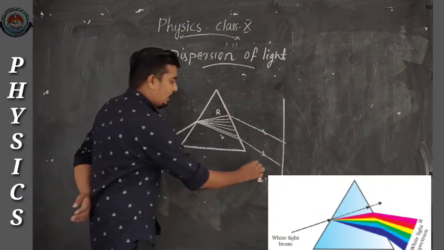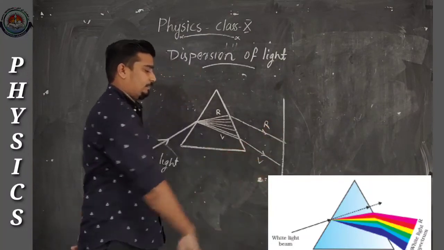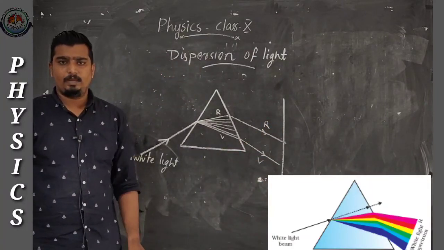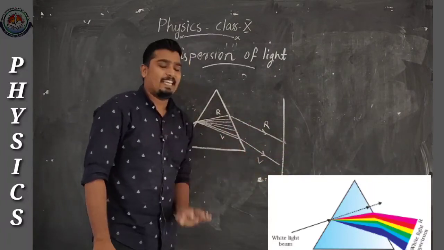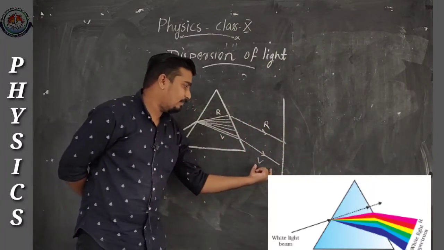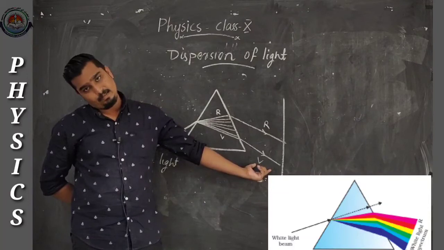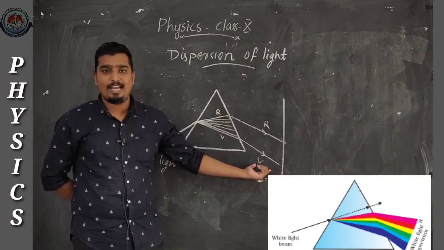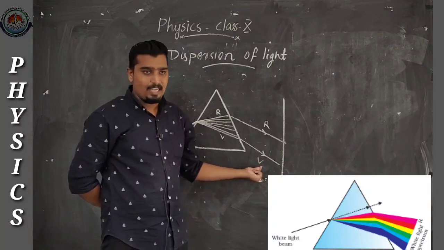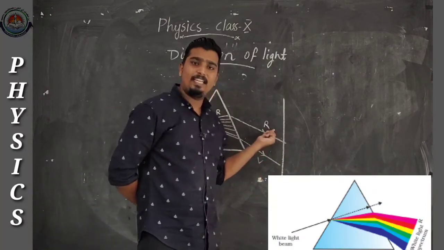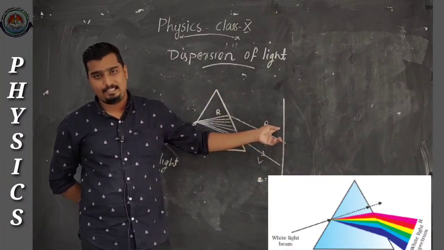That is violet to red. Clear? In this case you see that the bending of light, or the deviation of light, is greater in the case of violet, and in the case of red the deviation is very less.